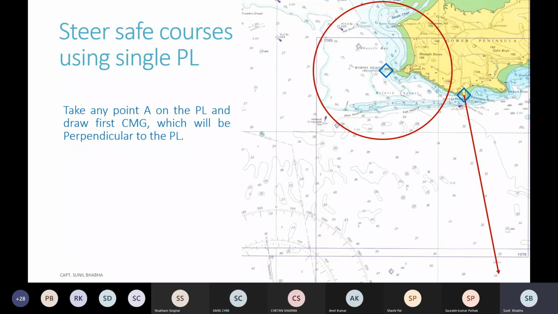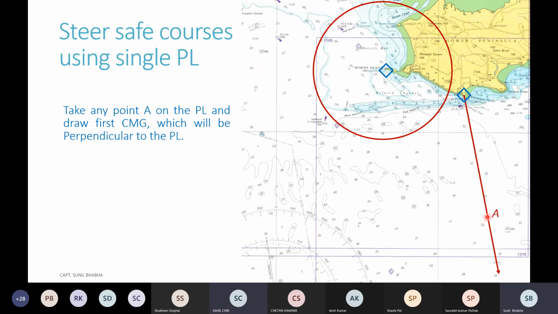Now for this, we have to take any arbitrary point on the initial position line. So on this position line, let's pick up a certain point. Any point of your liking you can pick up.